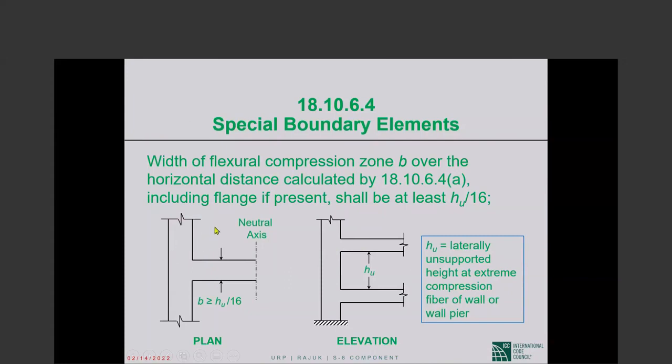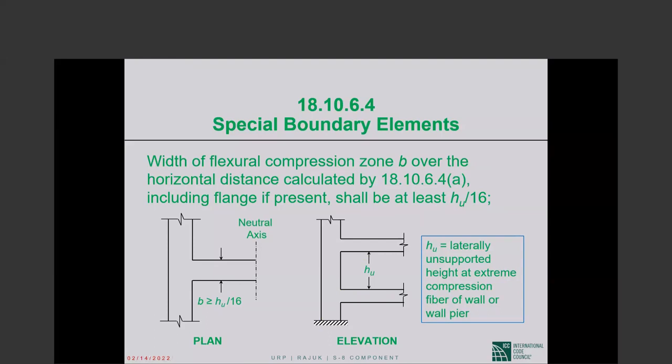So the width of the flexural compression zone over the length of the specially confined boundary zone shall be no less than 1/16 of the clear height of the shear wall. Clear height is from top of floor to underside of the ceiling.